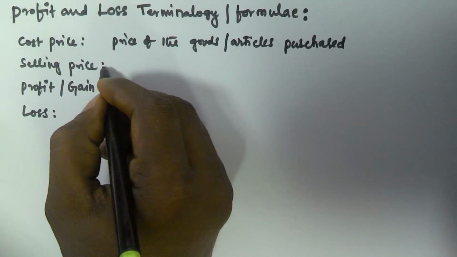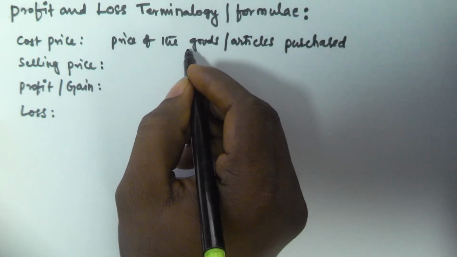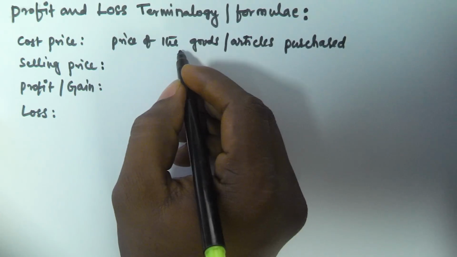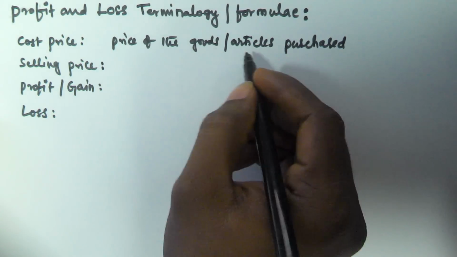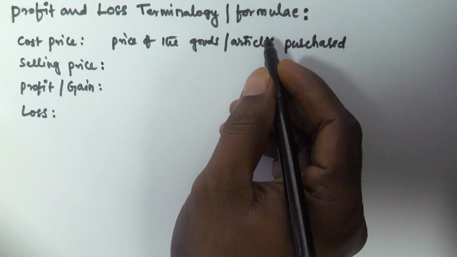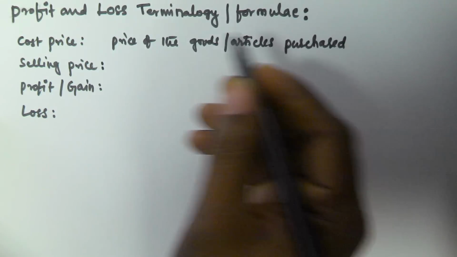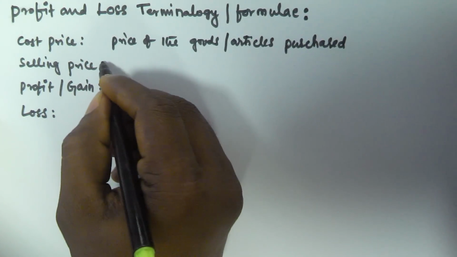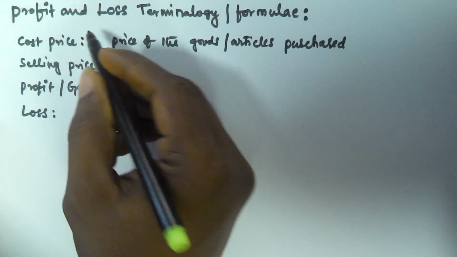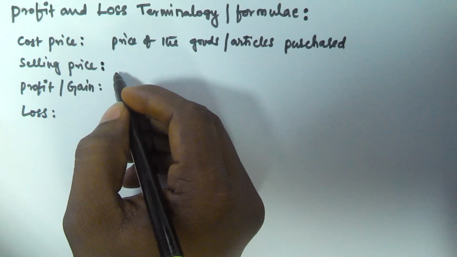The next one is the selling price. When we buy something, we then sell that to another person. Whatever price we charge for selling is called the selling price.